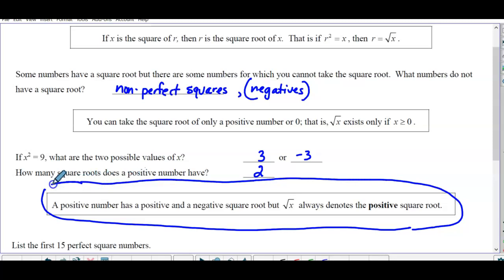A positive number has a positive and a negative square root, but root of x always denotes the positive square root, and that's always what you have to take. So you get 2 here because you're actually solving this equation, which is a degree 2 equation. So you get 2 solutions. You'll learn more about that as we go on in math, solving degree 2 equations.